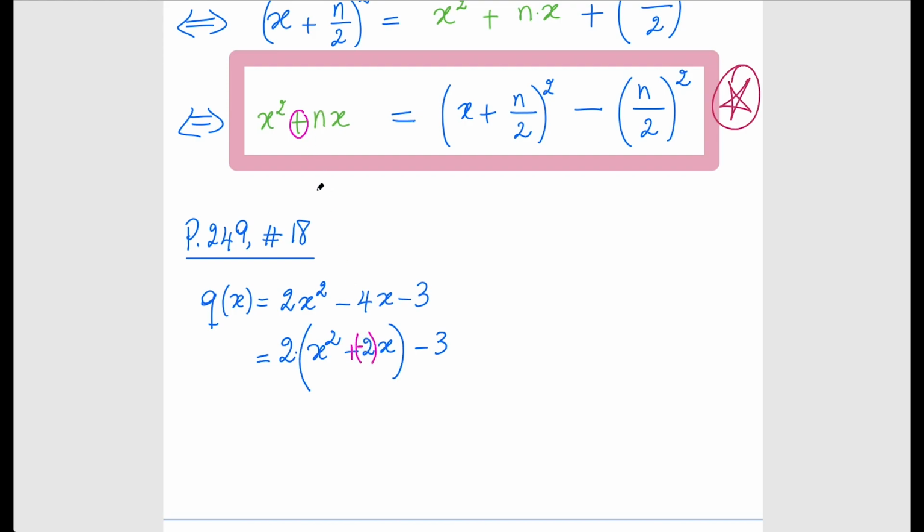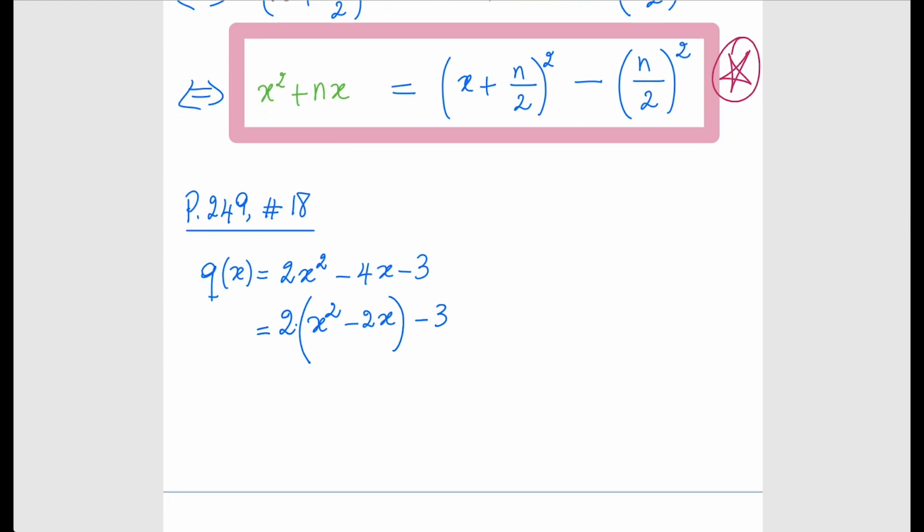So n should be minus 2, correct? So I'm going to apply star when n is minus 2. So this is equal to, and here I'm using star with n equal to minus 2.